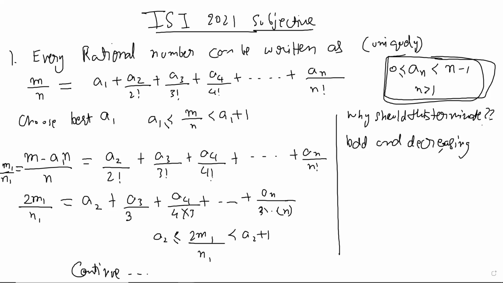Here you have to show some integer type of quantity which is bounded and decreasing. If you just take an example, you will clearly see what is actually decreasing, and that differs from problem to problem.